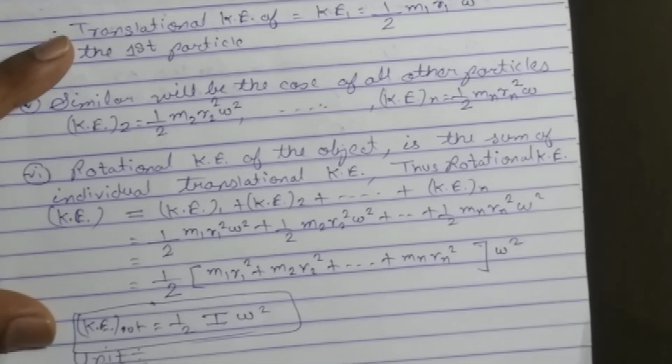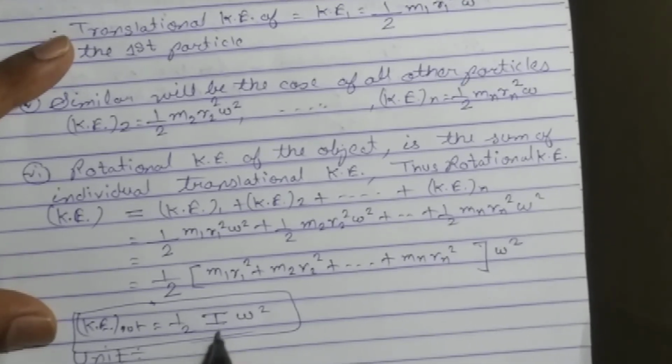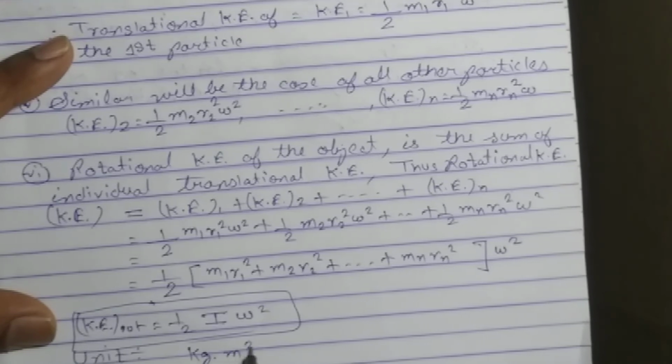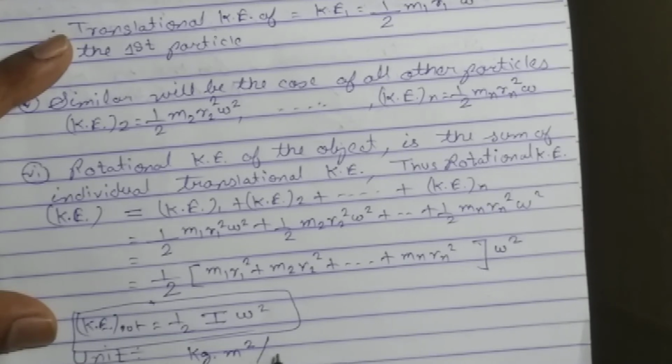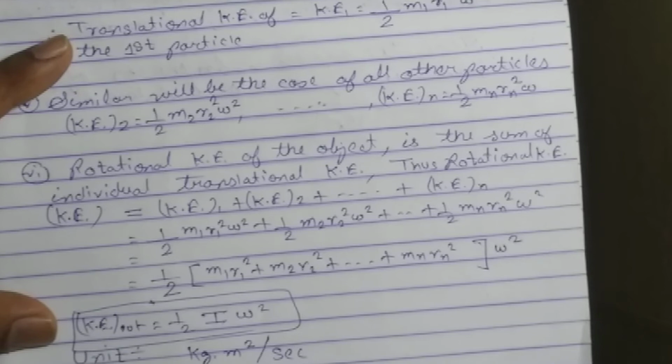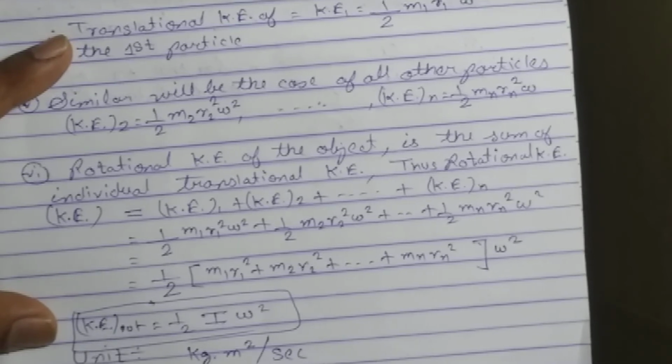Students, now you have to write down the unit. What is the unit of I? As I told you, kg meter square. And what is the unit of omega? Radian per second. So I am not going to write radian, so kg meter square per second square. And if I want the dimension, I will write L, M, T in alphabetical order. How many length terms are there?